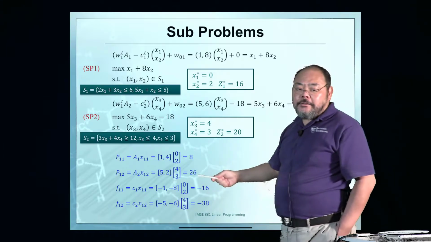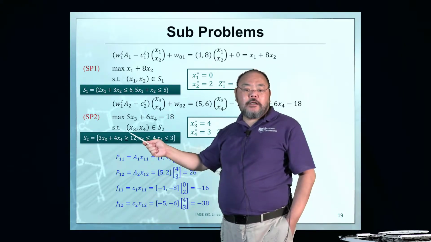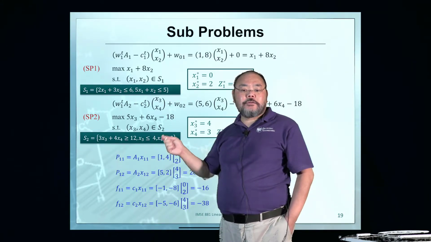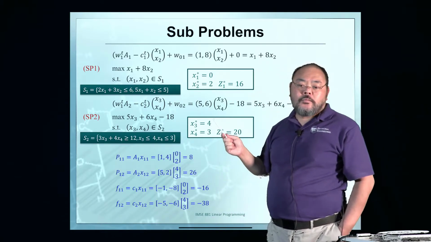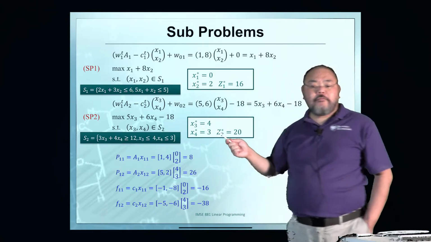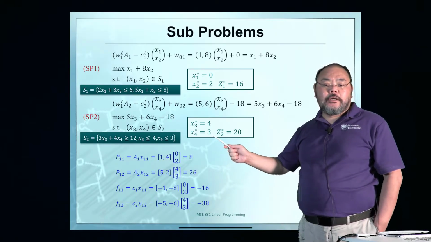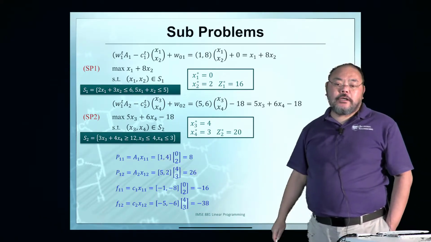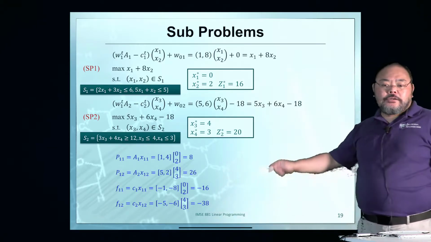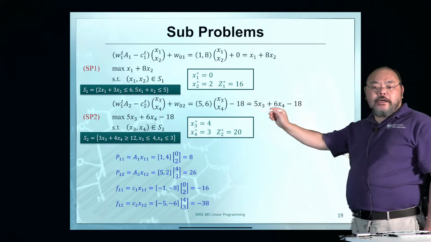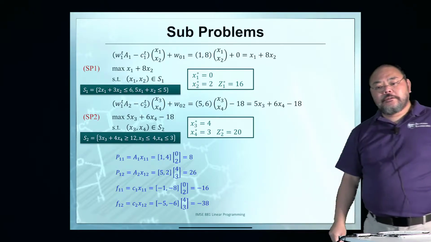In a similar manner, we can solve the subproblem involving X3 and X4. Here we have X3 equals 4 and X4 equals 3, and my objective function value equals 20. You see both of the objective function values so far are positive.